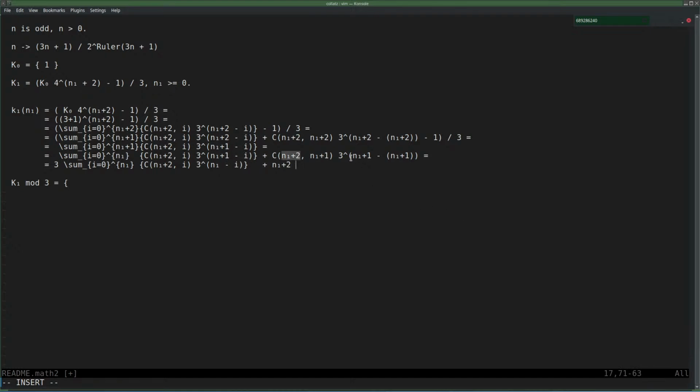And this is 1. This is 0, so 3 to the power 0 is 1. So that drops out. Maybe I go over this too fast, but so the binomial of something large and then the same large thing minus 1.